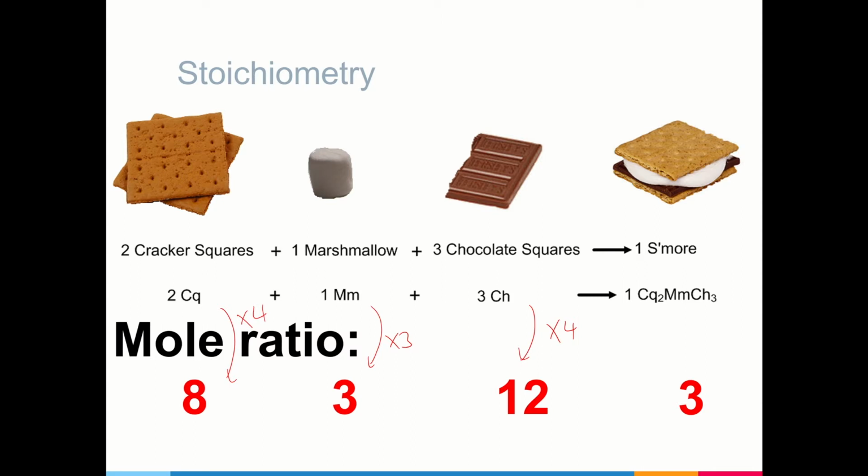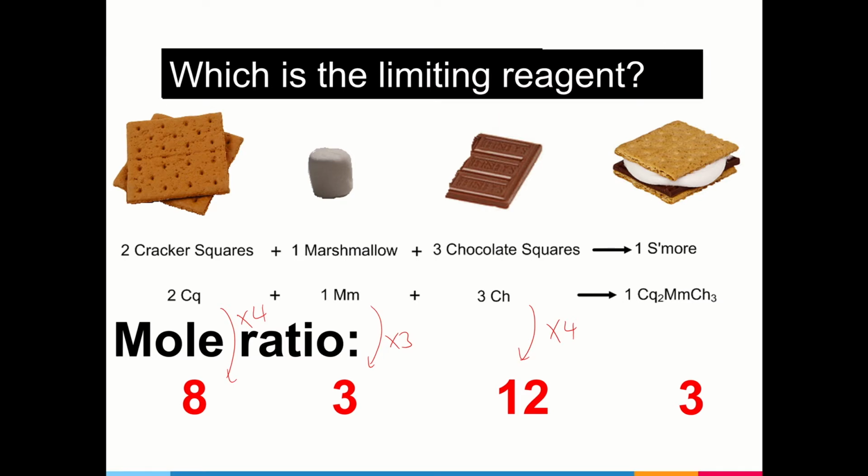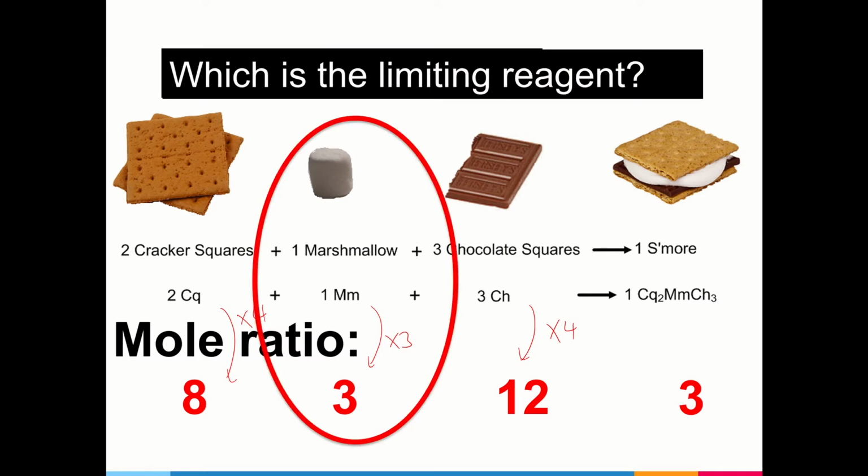My marshmallow is the limiting reagent, and my excess will be my chocolate squares and my cracker squares. So my final product is always dependent on the limiting reagent.